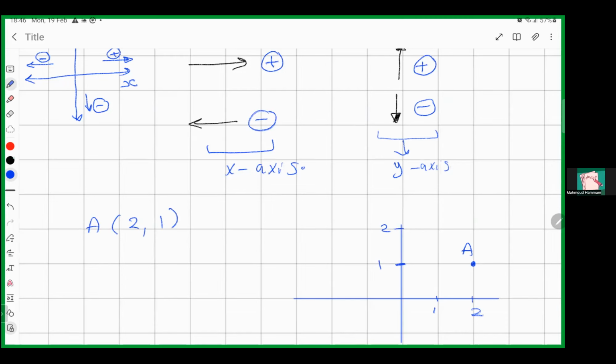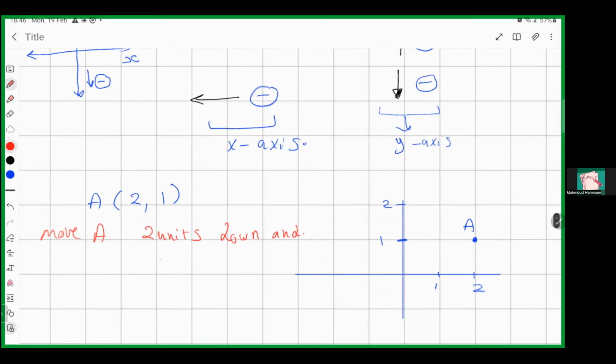And he said, move A 2 units down and 1 unit right. 1 unit right means +1 to the x.